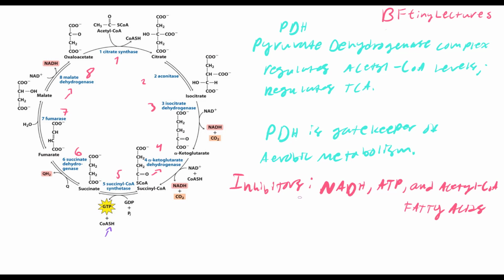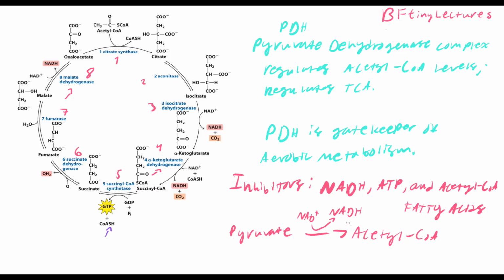So again, we're going to have pyruvate converting itself into acetyl-CoA. And what happens here is that NAD is going to become reduced into NADH, right? Now, if you have too much NADH, well, that kind of shows that you're producing too many acetyl-coenzyme A's, right?